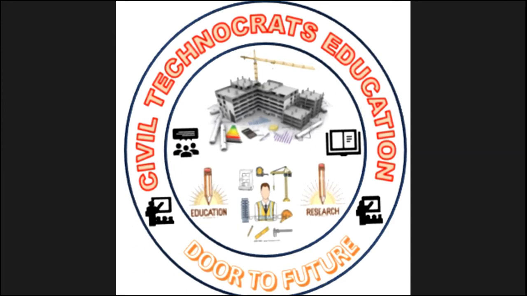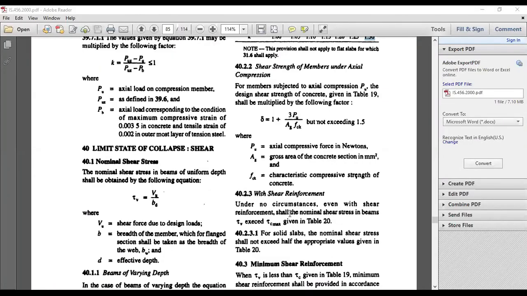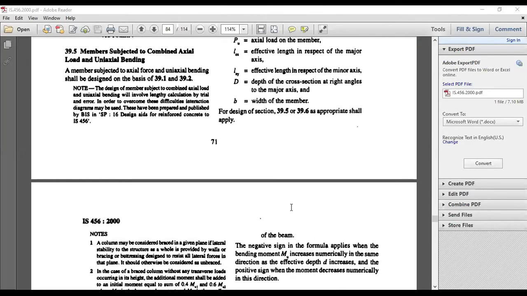What was the page number? Anybody noticed what was the page number? Nobody knows. So clause number 26 point something was there.